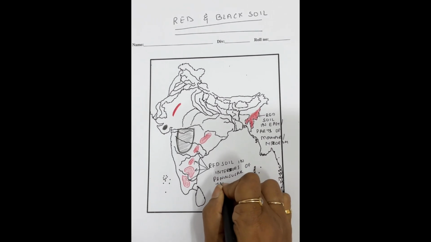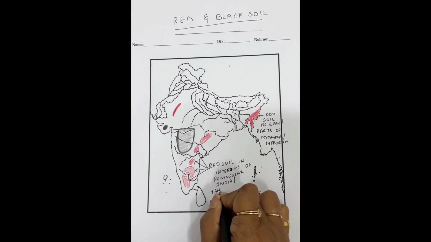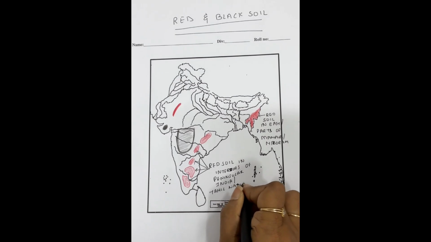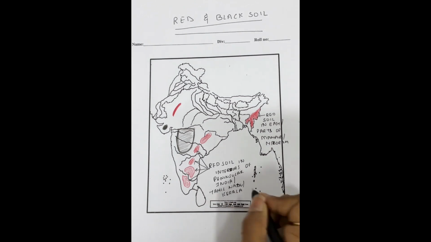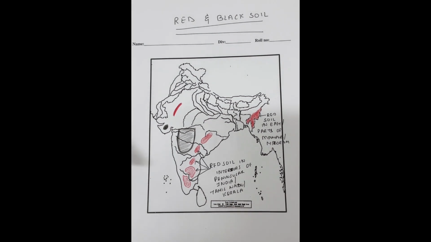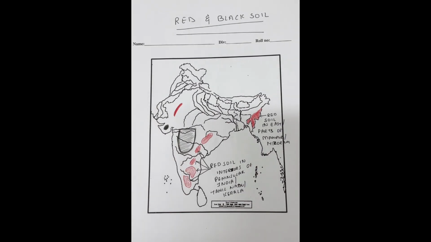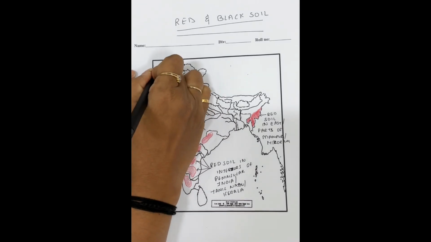Or I can also say in interiors of Tamil Nadu, or we can also say in interiors of Kerala. So any which ways either of the question comes, your marking is going to be same. You don't have to mark everything. You can just mark this 2-3 area, or even these 2 areas are more than enough. This last 2.